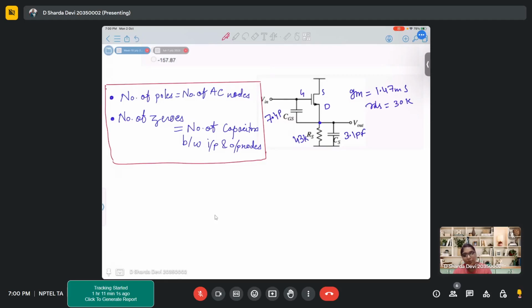That is the dominant pole. And for zeros, how many capacitors are connected between your input and output? Definitely you have one input and one output, so only one capacitor, right? So you'll have 1 zero. Majority of the times it is 1 zero. And sometimes it might be possible that there is no direct connection between input and output. Let's say if the circuit was somewhat like this.